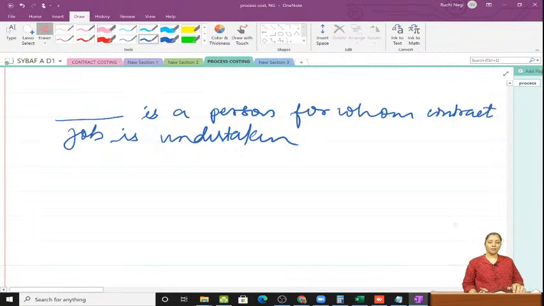I told you in the beginning, you have to remember those terminologies, because a lot of questions can be framed, you can expect from that terminologies wala part. तो ये अभी हमने किया था. Dash is a person for whom contract job is undertaken. So what is the answer? Write it in the chat box.